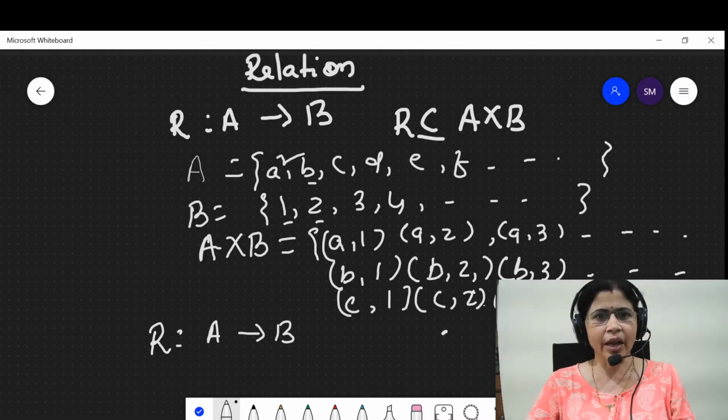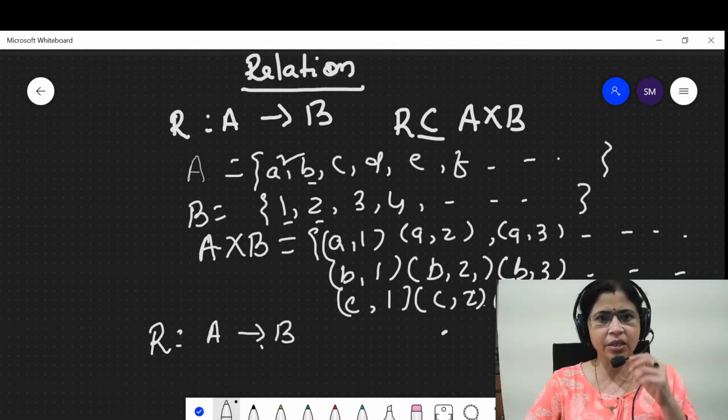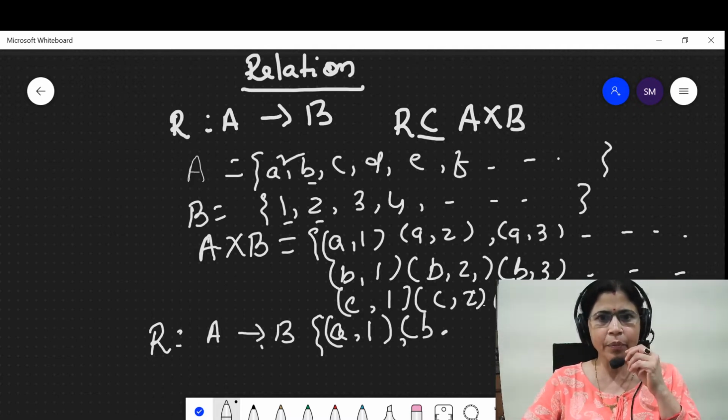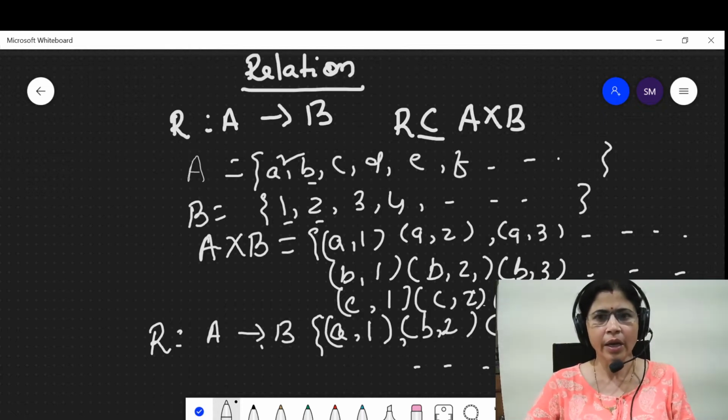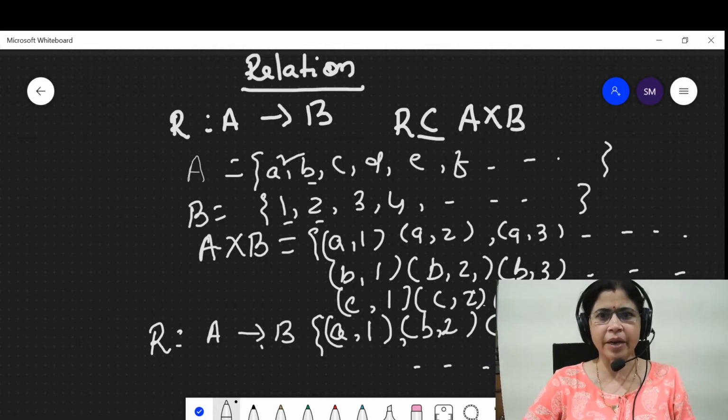So R is a relation from A to B in such a way that the alphabets are related to the natural numbers: A related to 1, B related to 2, C related to 3, D related to 4, in this way Z related to 26. This is a finite set.